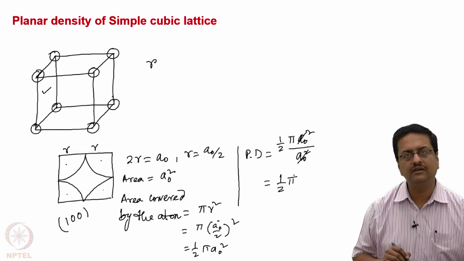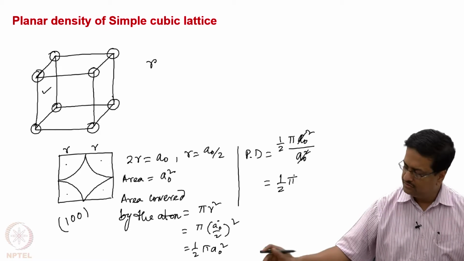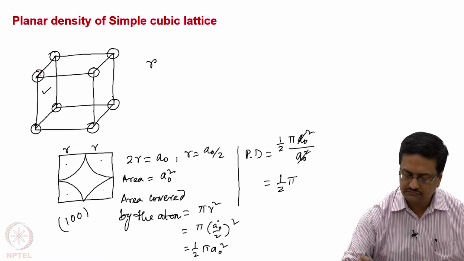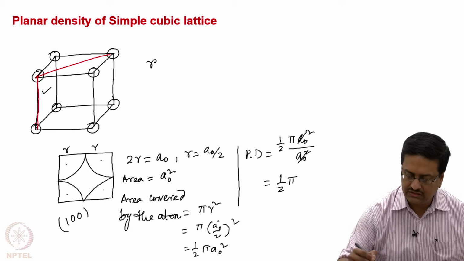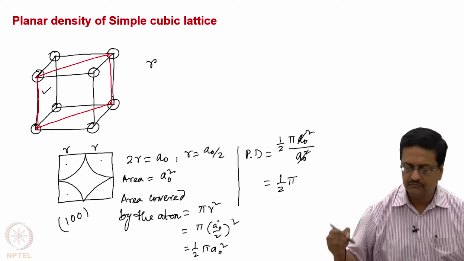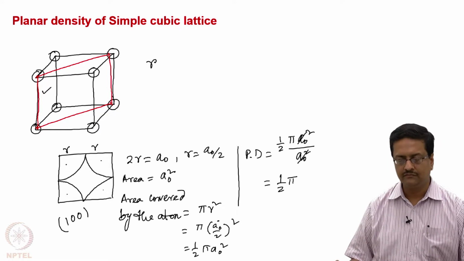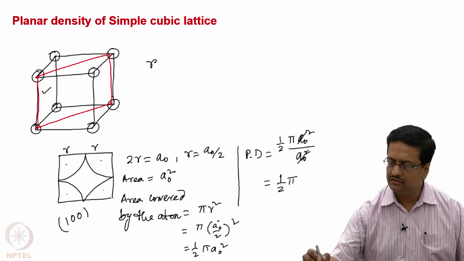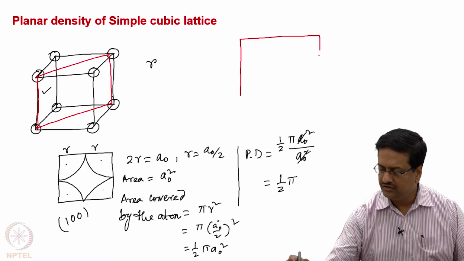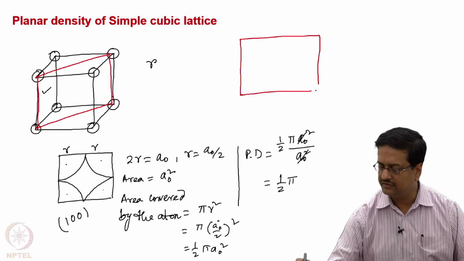Now if I want you to determine the planar density of the 1, 1, 0 plane, how should we do that? We first should draw the 1, 1, 0 plane with the atoms placed on it.